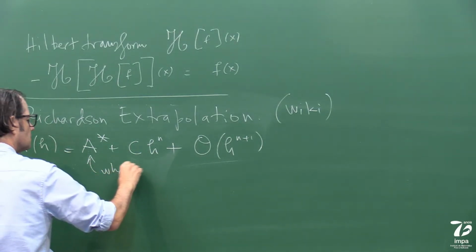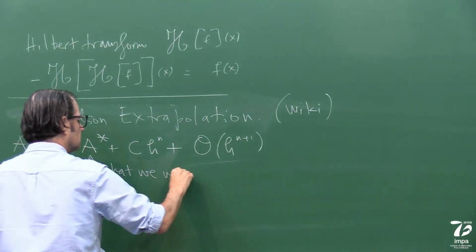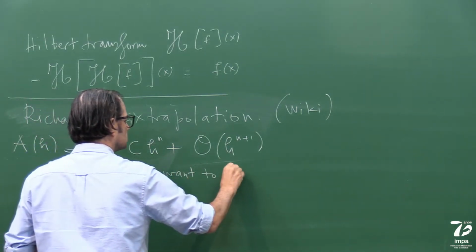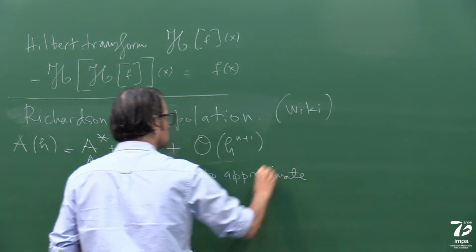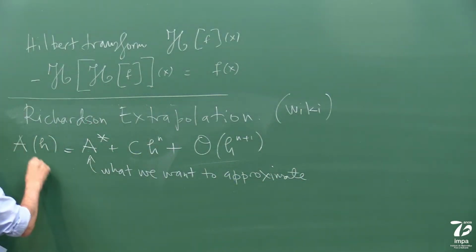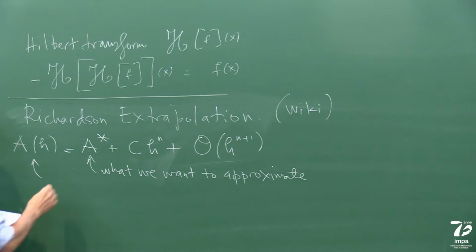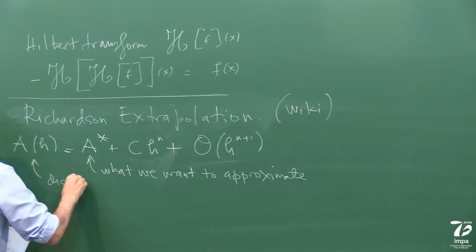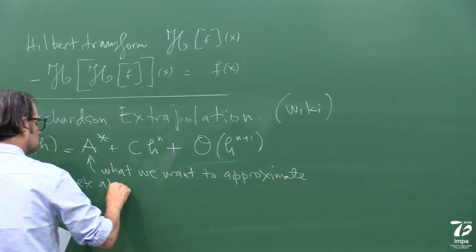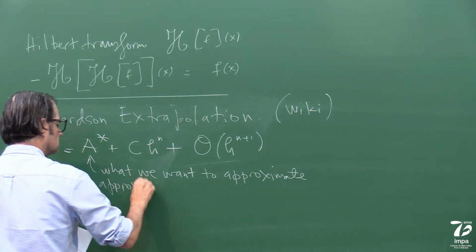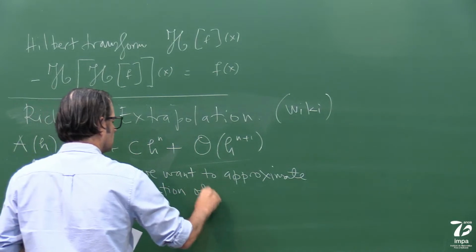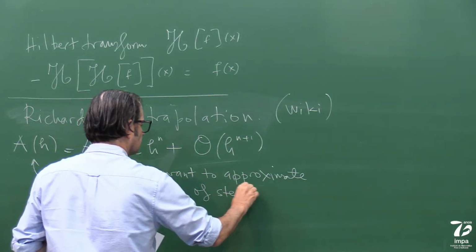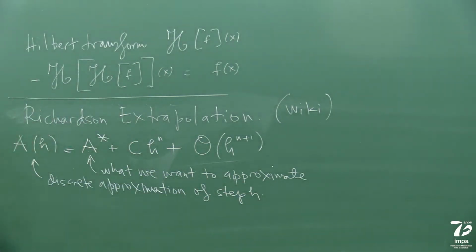This is what we want to approximate. And this is, say, let me call it our discrete approximation of step H. Okay? So like a Taylor series.